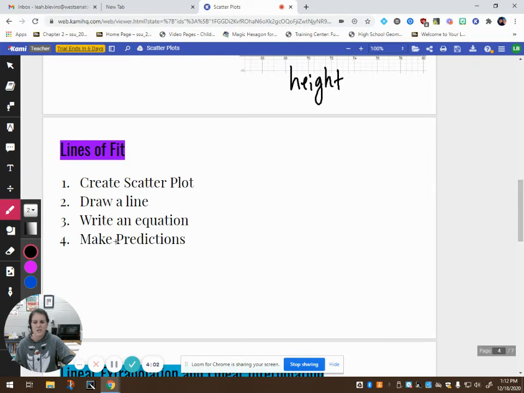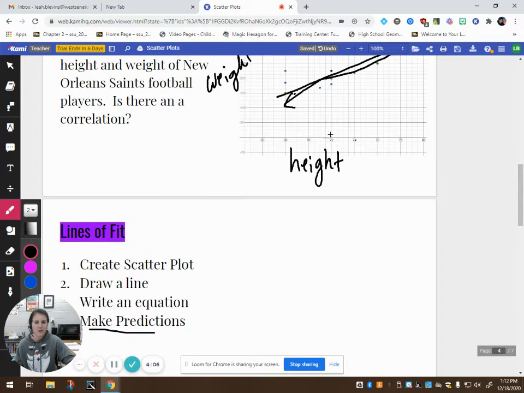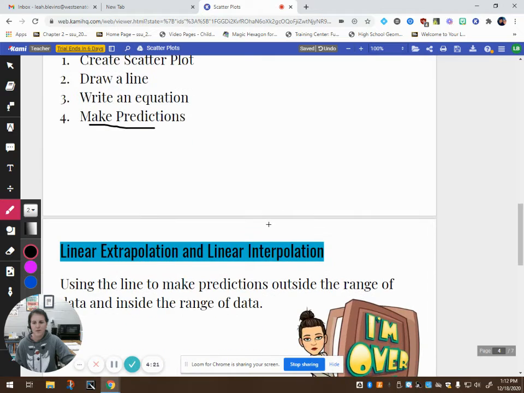Why would we want an equation? Well, an equation allows me to make predictions. Let's assume I have a player who is 71 inches tall. How much should he weigh? I can come up here to this line of best fit and say, okay, he should weigh just a little under 200 pounds by looking at this data.